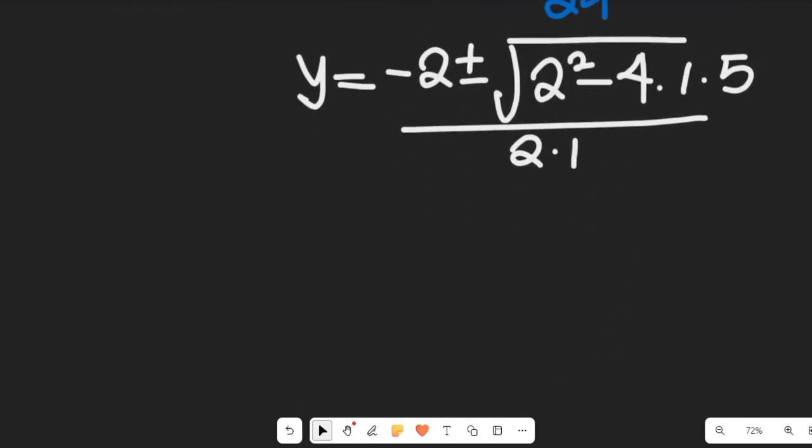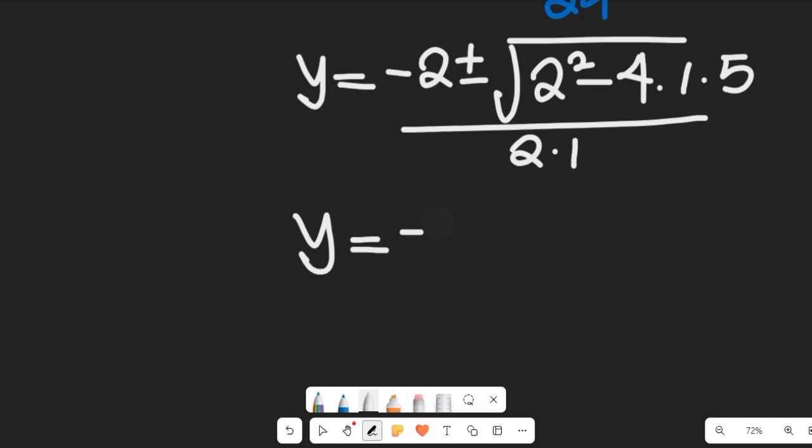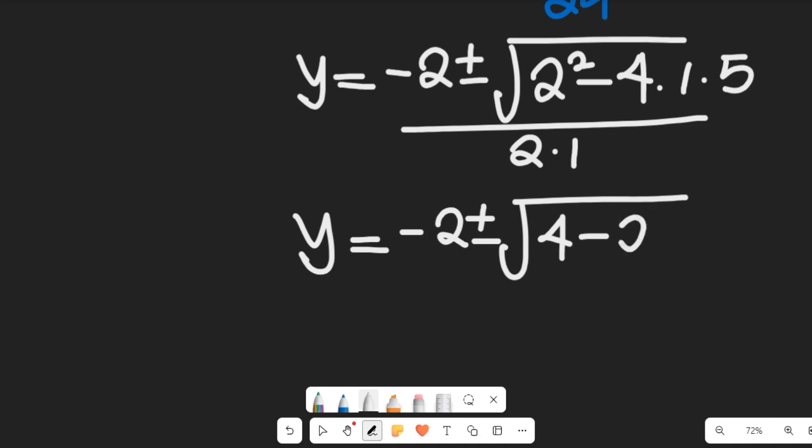So y equals negative 2 plus or minus the square root of 2 squared is 4, minus 4 times 5 is 20, and this will be divided by 2.